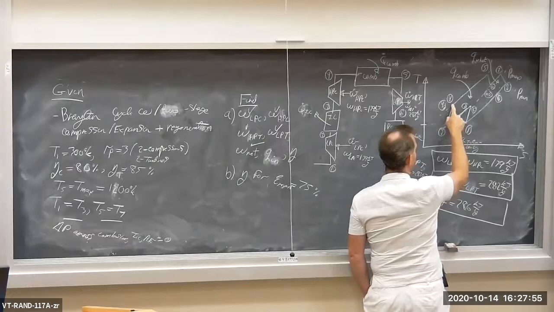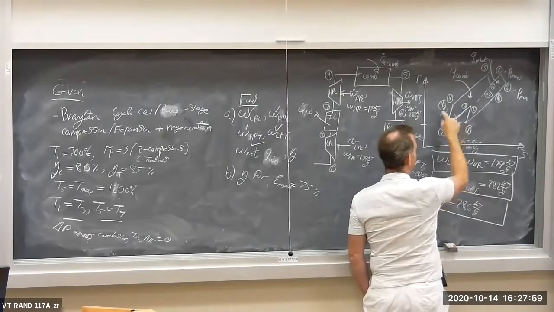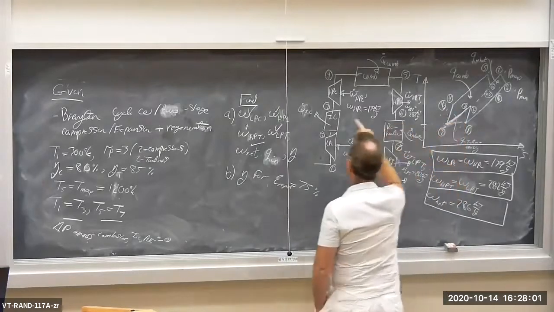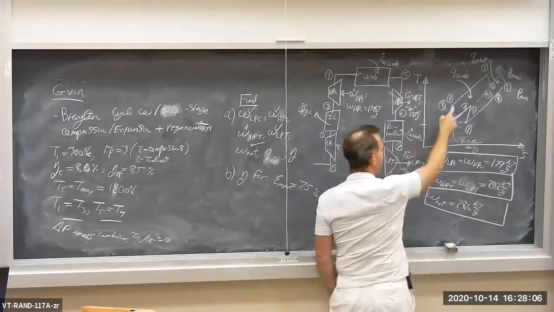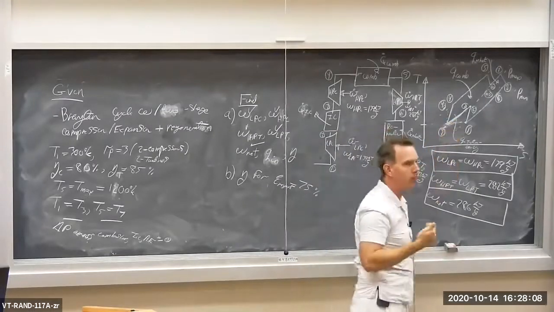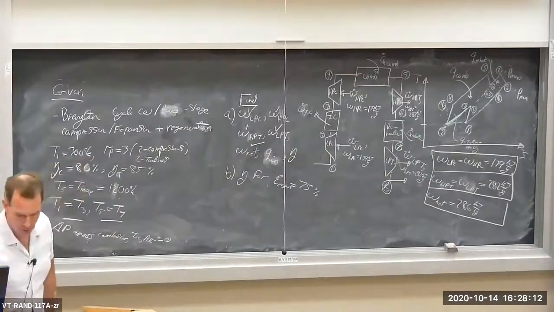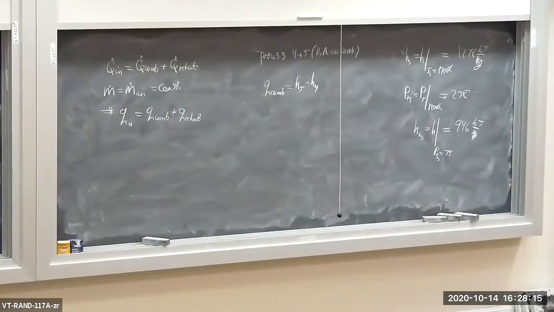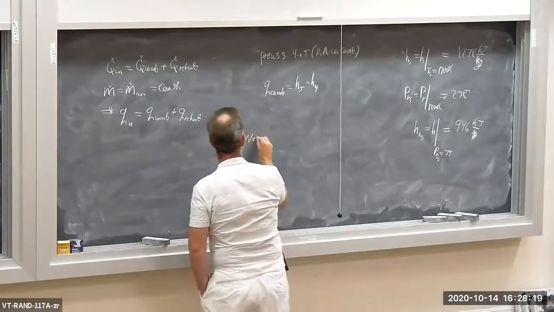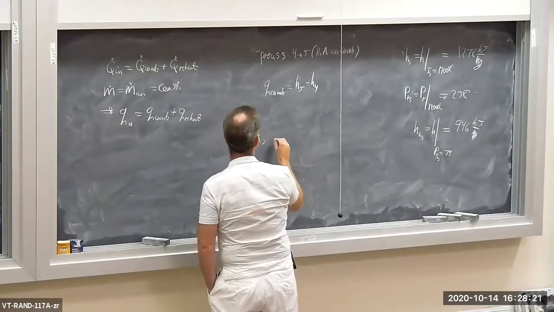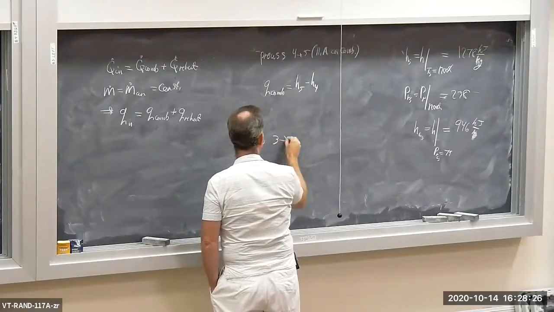So here's H4 right here. If I apply the energy balance to the high pressure compressor, I will get that H4 is equal to H3 plus the specific work for the compressor. So note, we look at process 3 to 4.